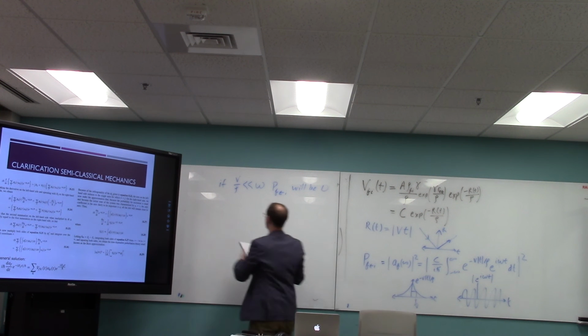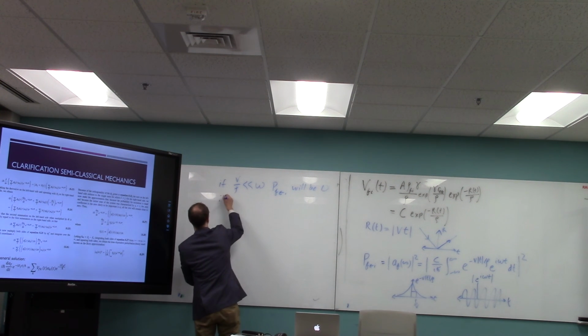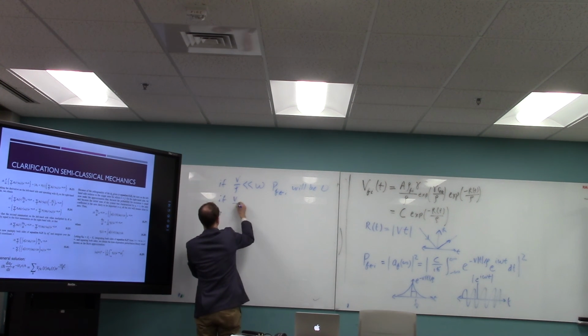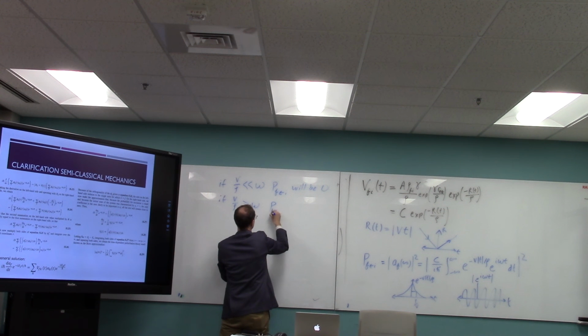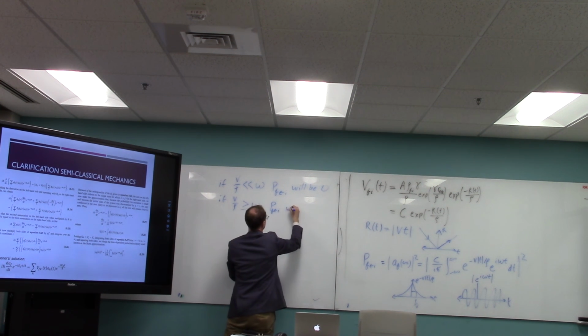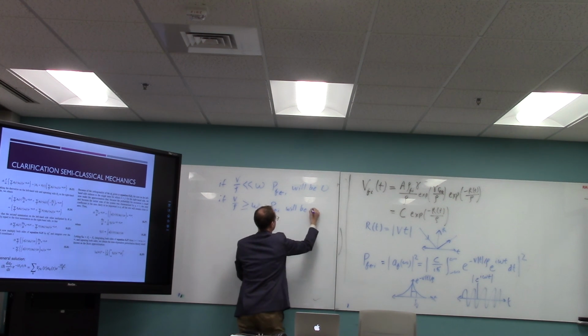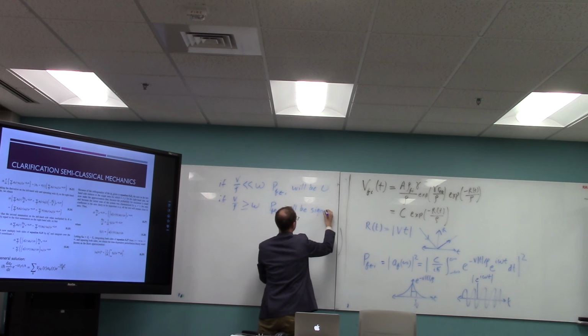Okay? But if v over rho is greater than or equal to omega, then you end up with a significant probability.